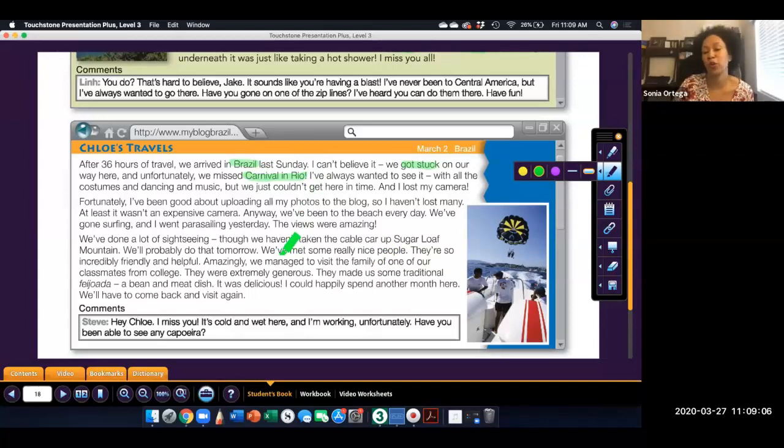Rio is short for Rio de Janeiro. And Carnival is a big celebration held every year, usually towards the end of winter in the city. So uploading is taking photos and then posting them onto her website or her blog.